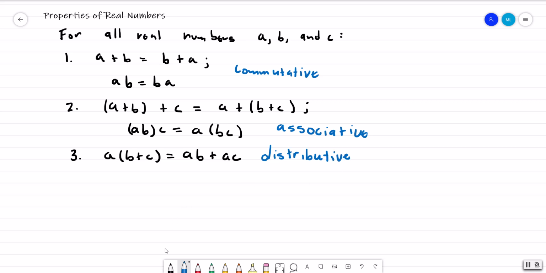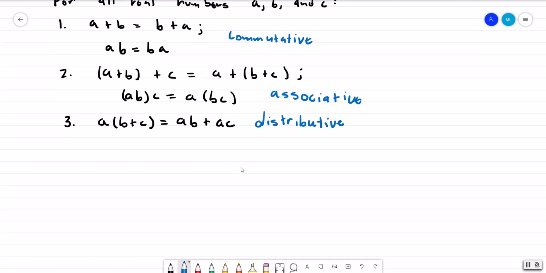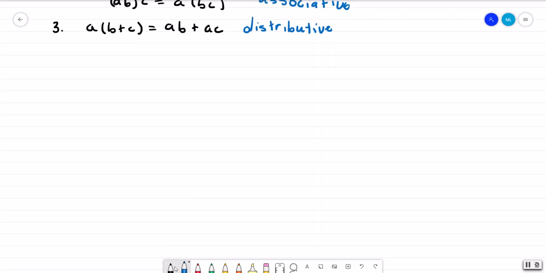Okay, well, let's look at some examples where we use the properties of real numbers. Say for example that we have 2 plus x, but we know that the commutative property of addition says that that's the same as x plus 2.